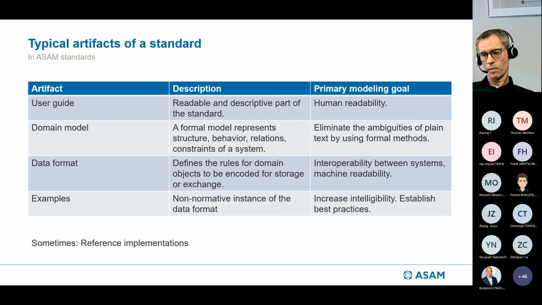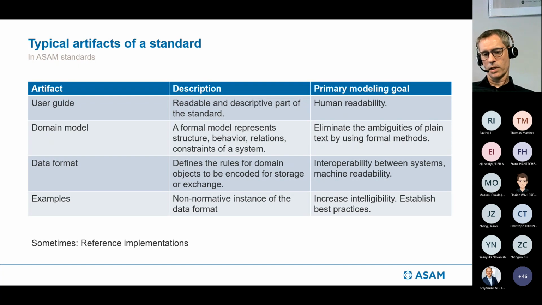We often have the domain model, whose primary modeling goal is to eliminate ambiguities of plain text by using formal methods. It's just to make sure you are able to have a formal description of your domain.